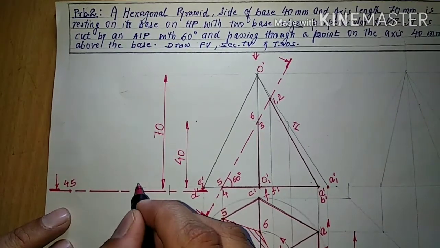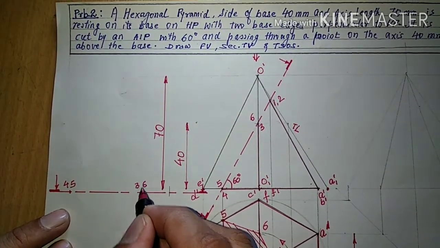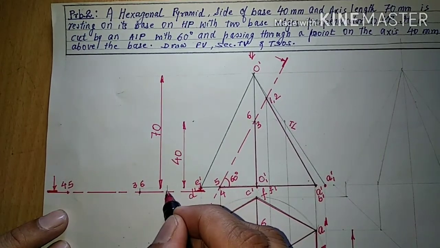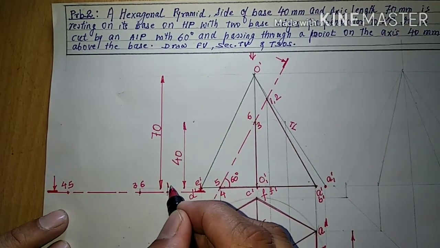So this is 3 and 6, and this particular part is 1 and 2.